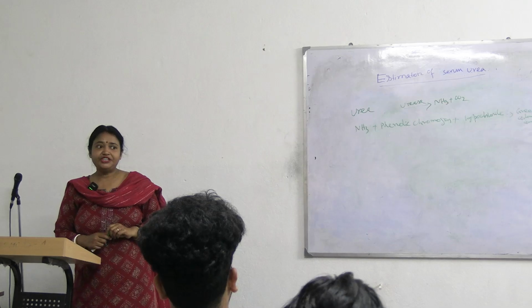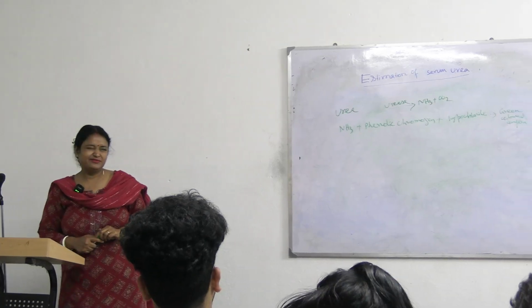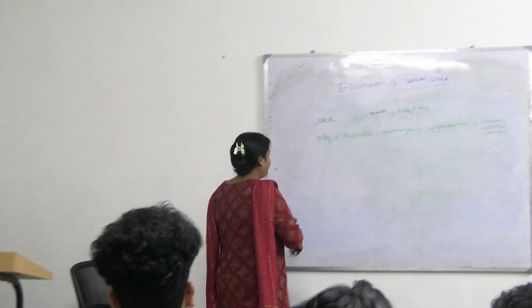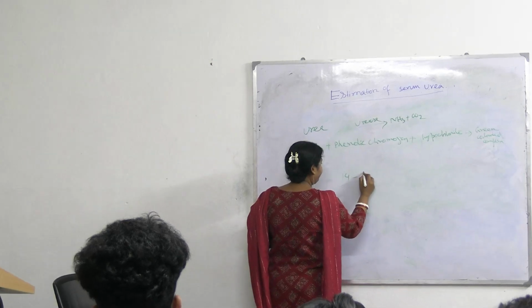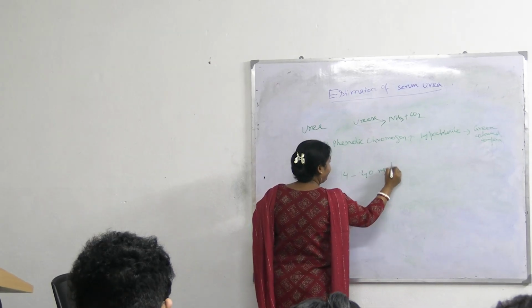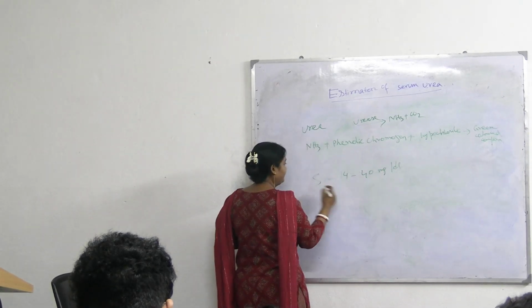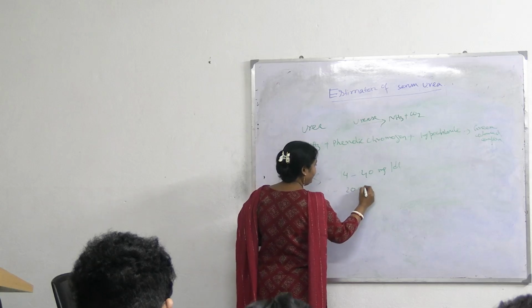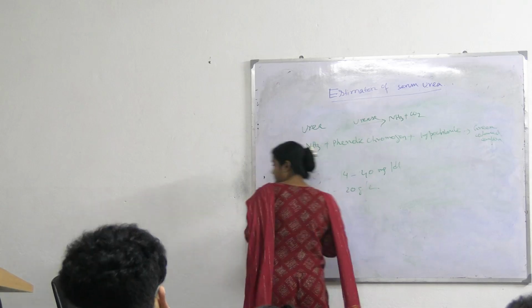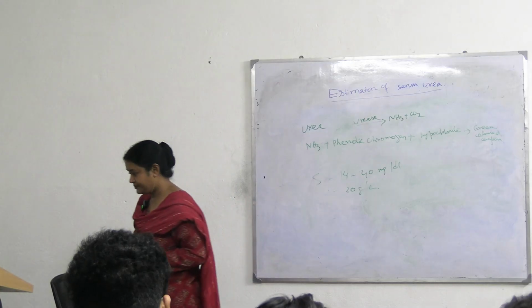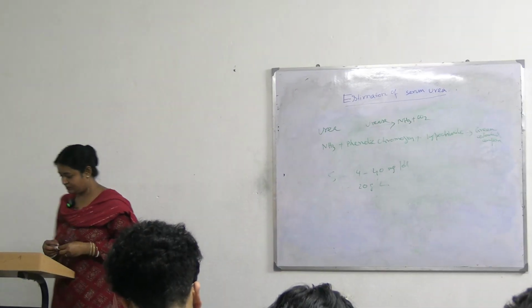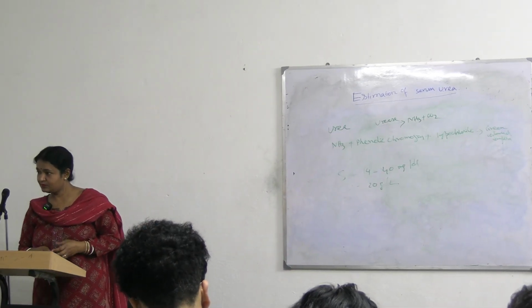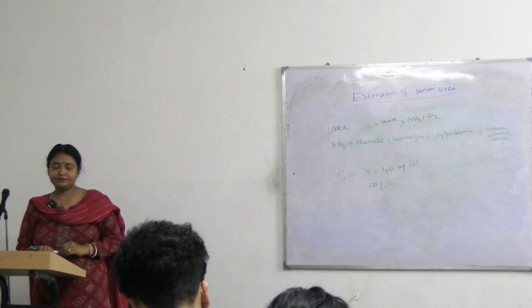Normal level is 14 to 40, we say 15, but okay. In the kit literature they have written 14 to 40 milligram per dl in serum, and in urine they have written 20 gram per liter. That is normal.